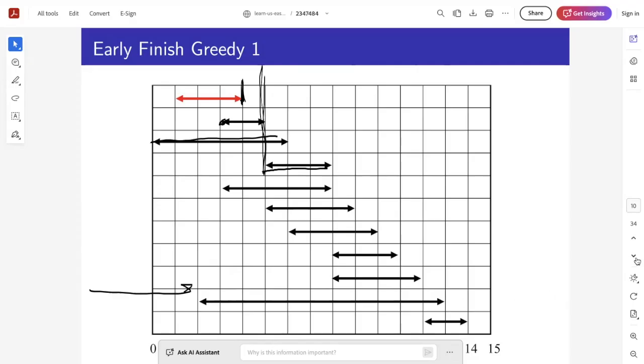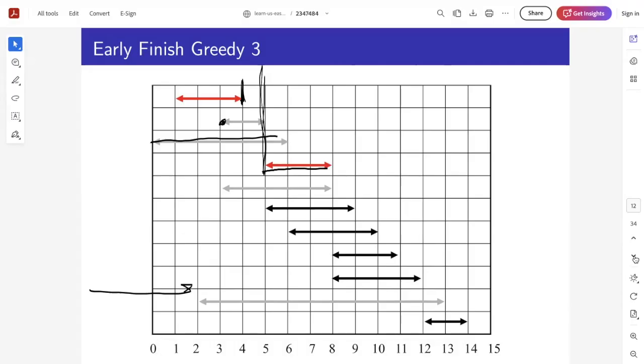So that's what we're going to have. We're just going to select it. Similarly, we keep sweeping. We look to see which start time doesn't overlap with the finish time. So this will be this one.